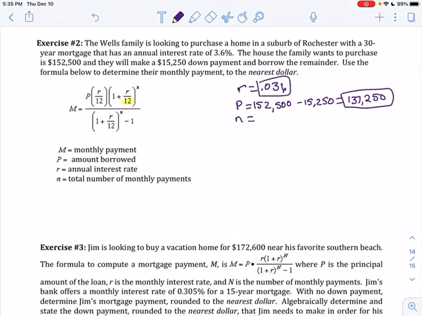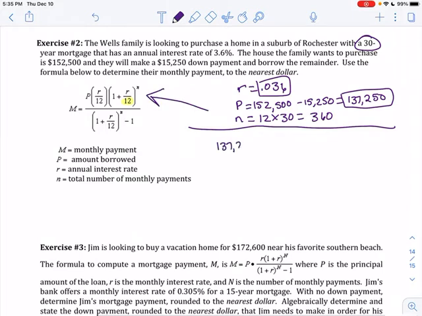So I'm going to take out a 30-year mortgage, but I'm making payments every month. So it's really 12 times 30, so there's 360 payments. All of those numbers are going into this formula right here. I take my principal, and you've got to be careful putting this into your calculator.